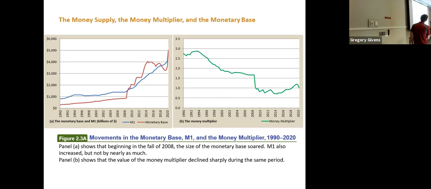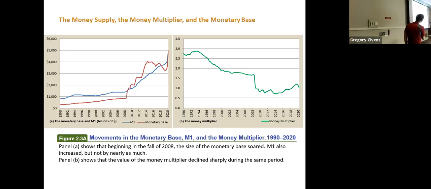It went from less than $1 trillion to about $4 trillion in just a few years. Now, the monetary base was on a downward trajectory the past few years, but starting in about 2019, the monetary base has started to expand more as the Fed has been trying to combat the COVID-19 recession, okay?